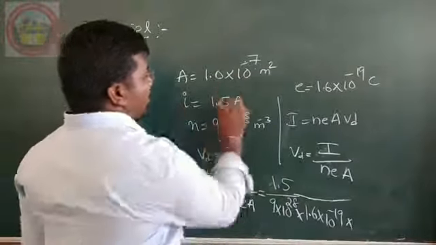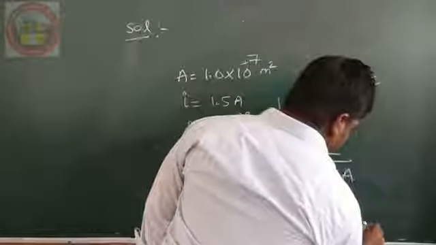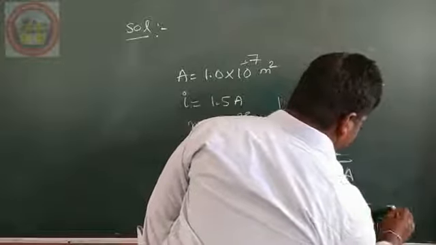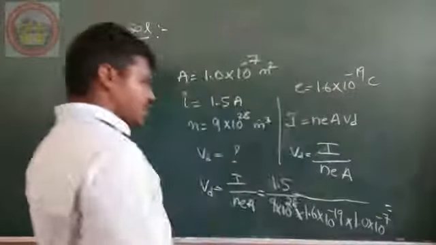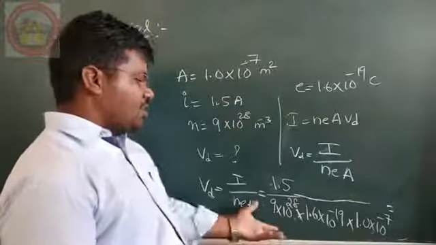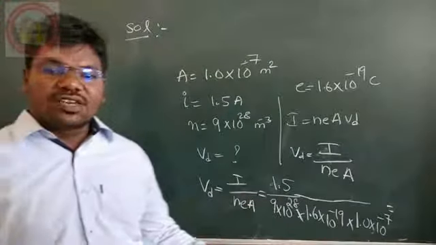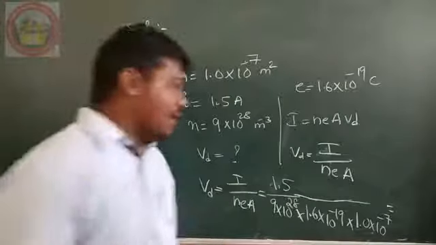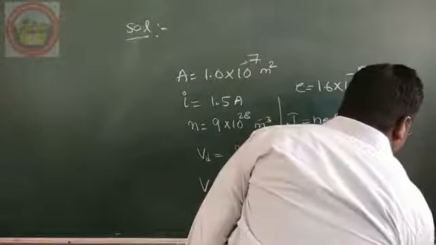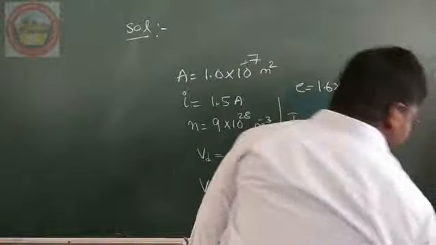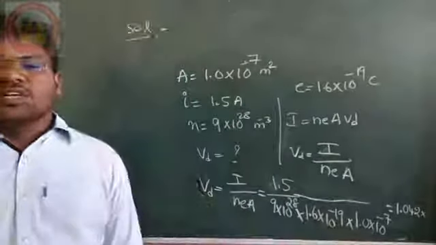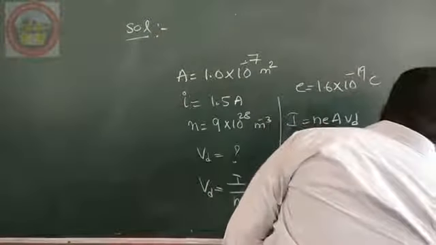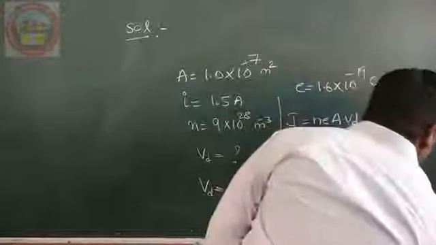into area 1.0 into 10 power minus 7. See here, after getting cancellation, we can get 1.042 into 10 power minus 3 meter per second.